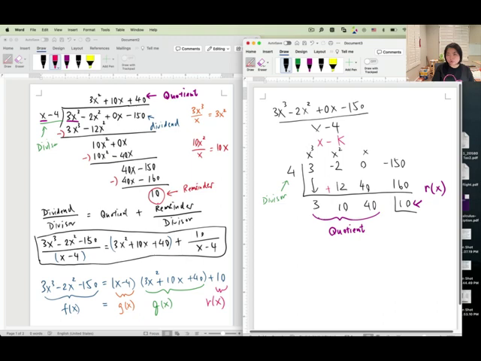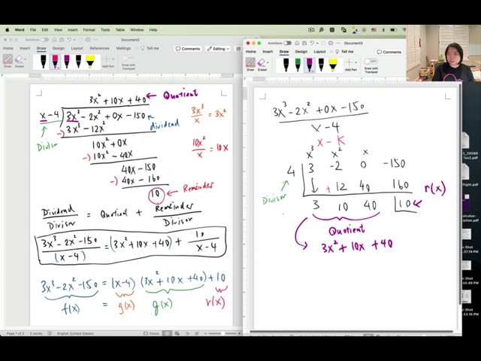If this is x cubed, this becomes 3x squared. The quotient becomes 3x squared plus 10x plus 40. If this is x to the fourth, then you will have an x cubed here. If this is x to the 7th, then this is x to the 6th. You always subtract 1 degree from the dividend.